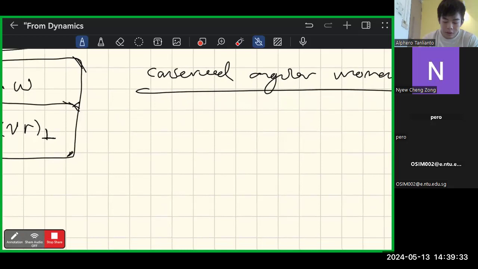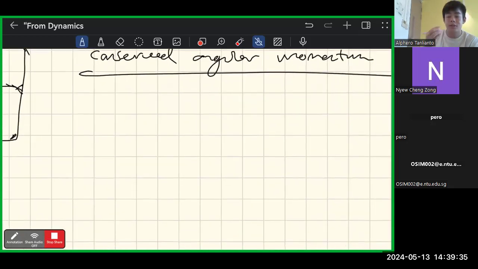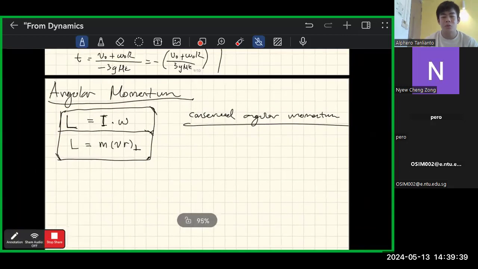How do you consider a system with conserved angular momentum? Usually, if you have a problem with rotating stuff, it will be very hard to understand whether it is the angular momentum that is conserved, or the momentum, or the energy.